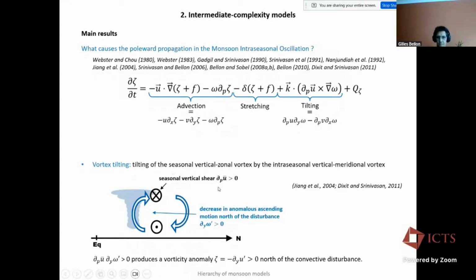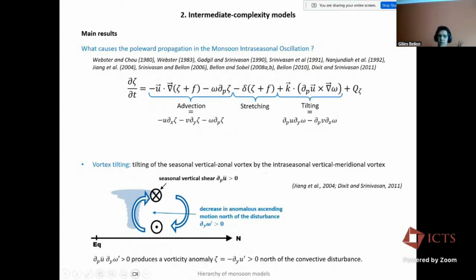So if you have the seasonal circulation, you have a vertical zonal vortex, and in terms of the zonal circulation, you have vertical shear in the zonal direction.